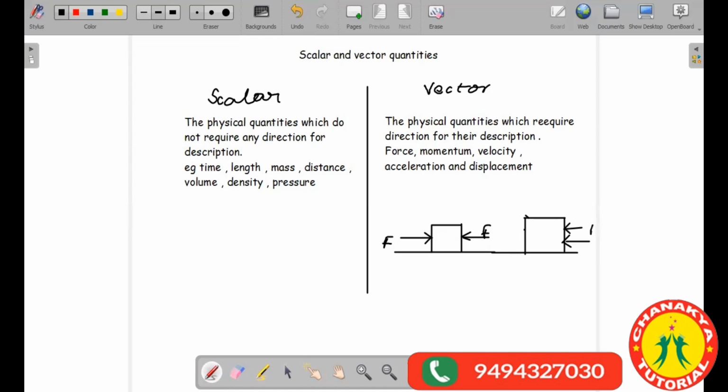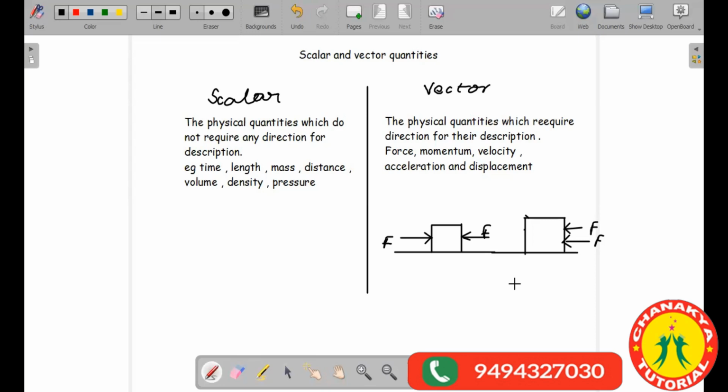In this case, if the two forces are acting in the same direction, they are not cancelling each other. So clearly from this description, we can understand that for certain physical quantities, it is necessary to describe their direction to understand their effect. To understand their fate, we need to describe their direction. That is why we have vector quantities.